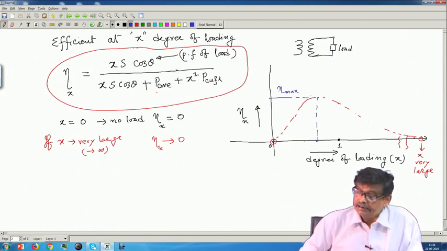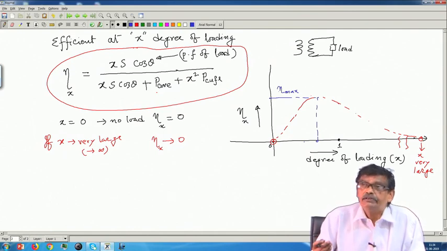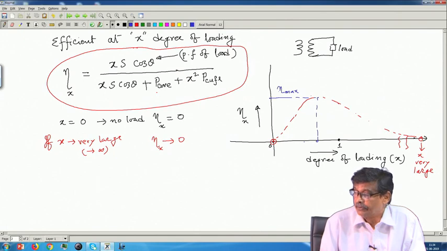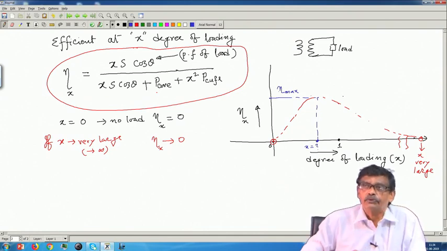Now, then it is natural to ask that at what degree of loading x efficiency will be maximum, is not? That is the question. So, this value of x is how much, such that efficiency will be maximum. I want to know that.